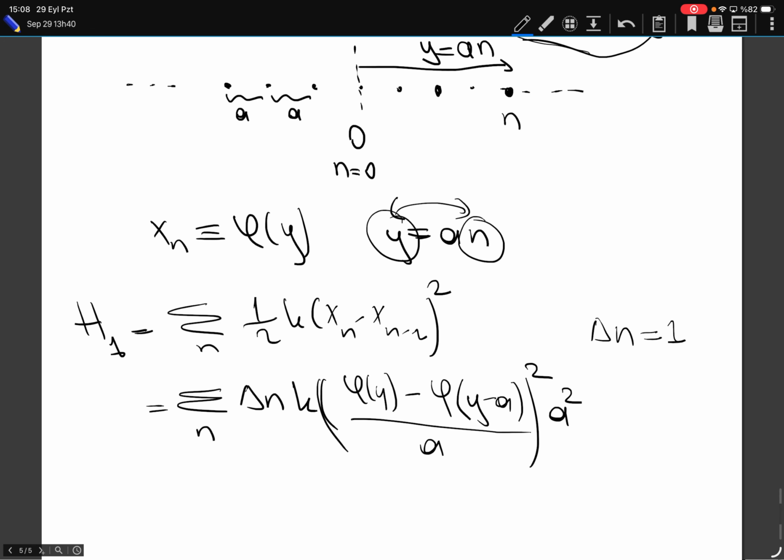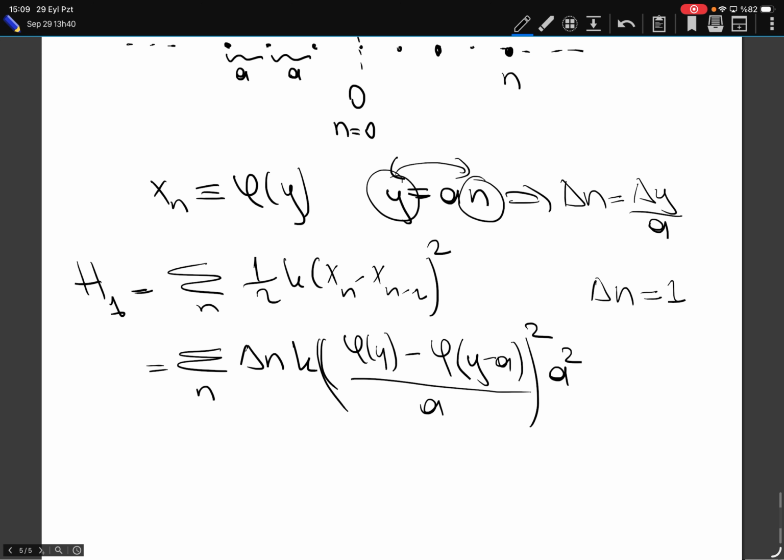I just changed some labels. Now from this one, delta n is delta y over a. So instead of summing over all n, I can also sum over all y's, all positions. This will become my integral. Delta n is delta y over a.